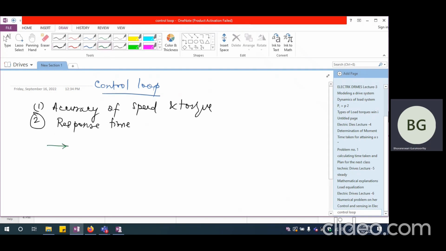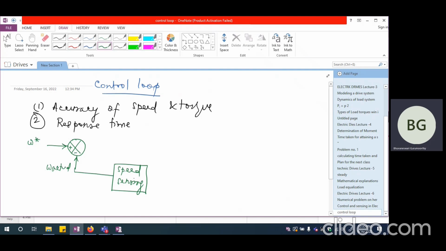Okay, so if we want a particular value of speed to be attained, this is the reference speed. So we have to compare that with the actual speed. The actual speed is obtained by a speed sensing mechanism. How are we going to sense the speed? That we are going to look at within some time.